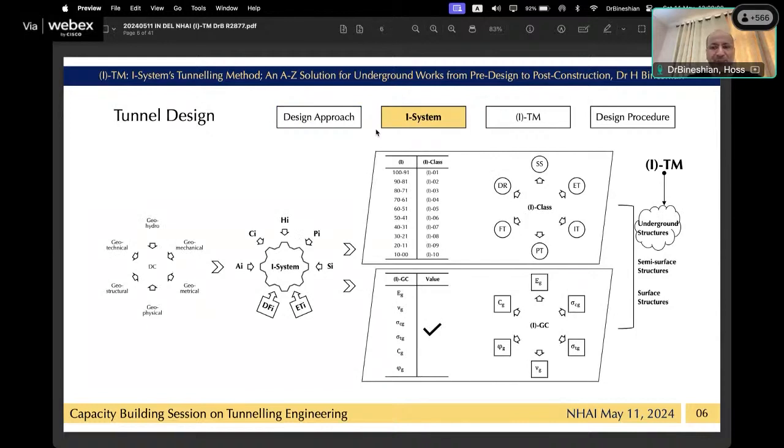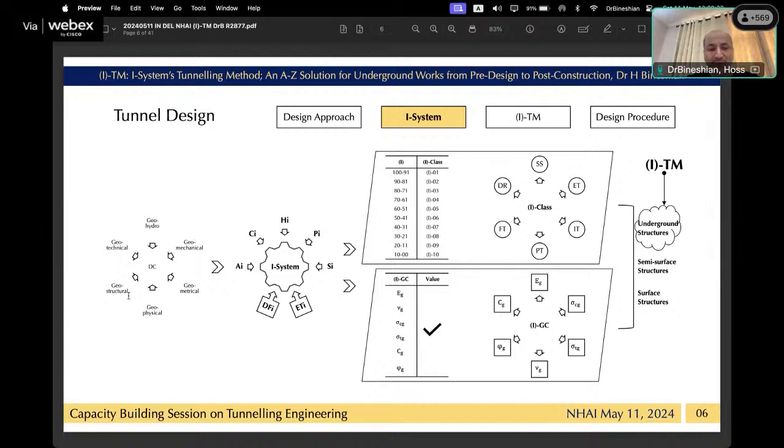I-System is briefly shown in this slide. From the left, you see DC. DC is data collection. It includes geohydrological data, geomechanical data, geometrical data, geophysical data, geostructural data, and geotechnical data.